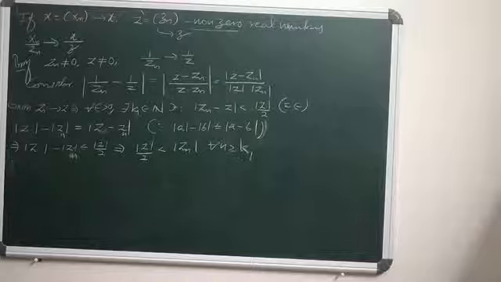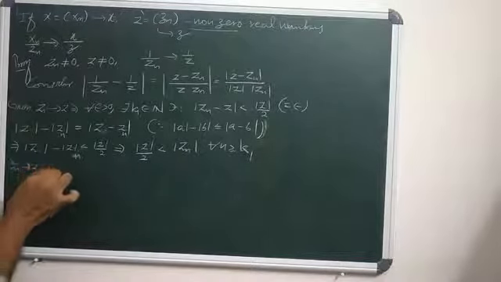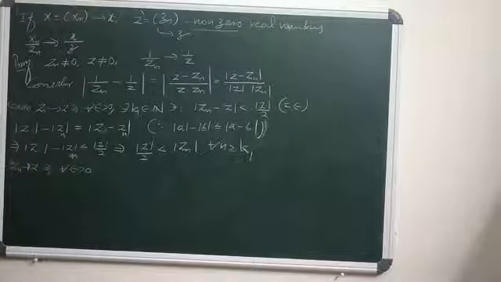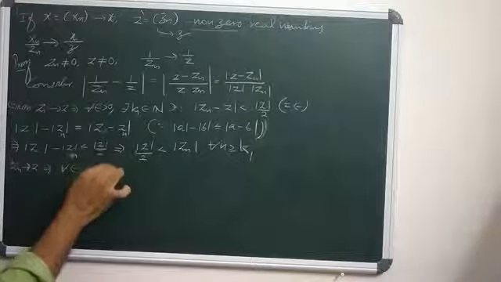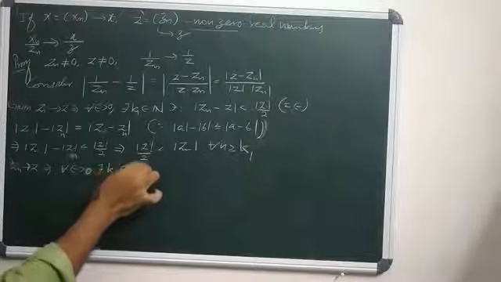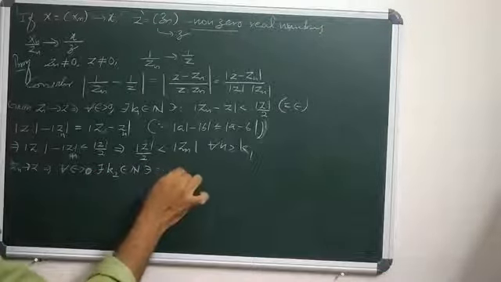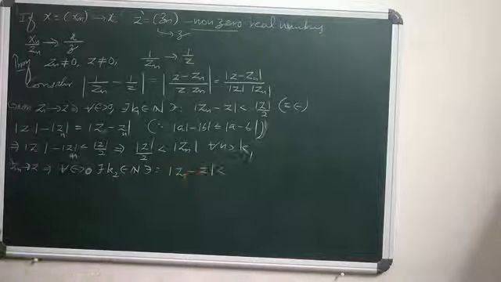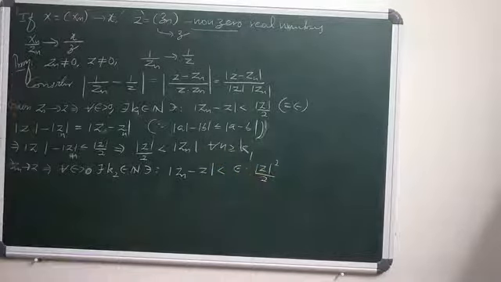Moreover, zn again converges to z. We also know that zn converges to z means for all epsilon positive, there exists some k2 such that modulus of zn minus z is strictly less than epsilon into mod z square by 2.